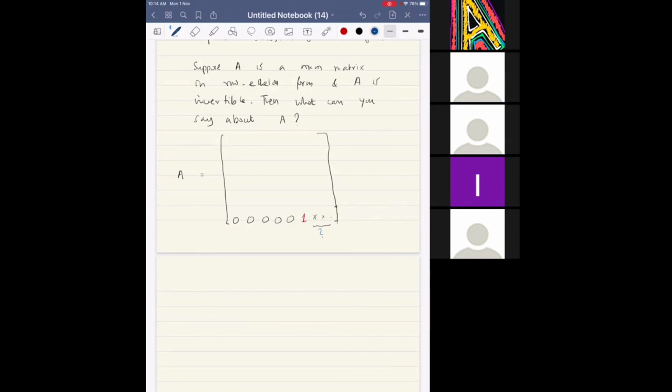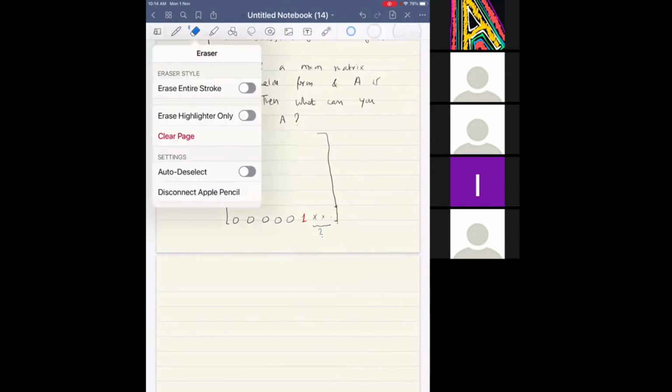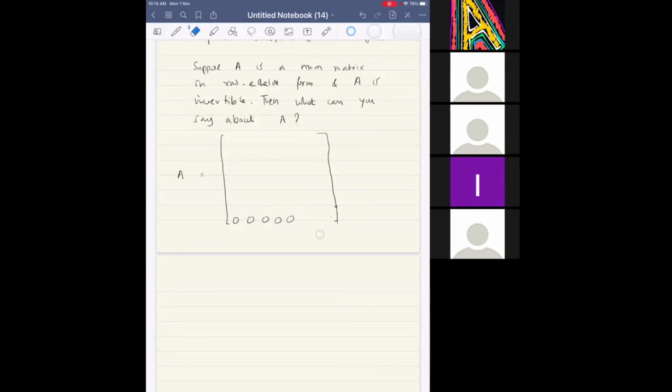Yeah. So your point is taken that because pivots in each successive row must be strictly to the right, the only way that can happen is that the last pivot, in the last row, must be right here in this corner.